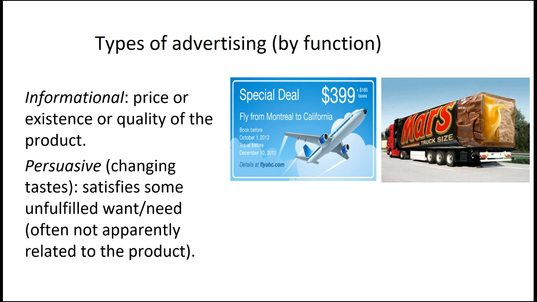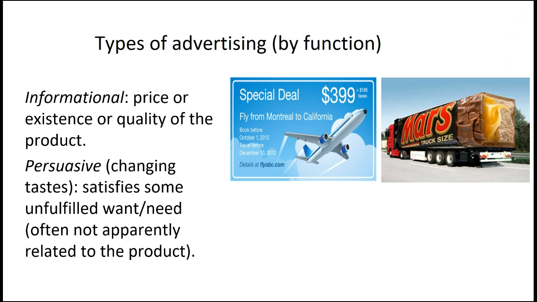Persuasive advertising, on the other hand, is advertising that attempts to change the tastes of consumers. It tries to change their preferences, persuade them to buy this product rather than a different product. It normally revolves around convincing consumers that the product being advertised will in some way satisfy an unfulfilled want or need, or fulfill it better than a rival product, even if that unfulfilled want or need is not apparently directly related to the product.